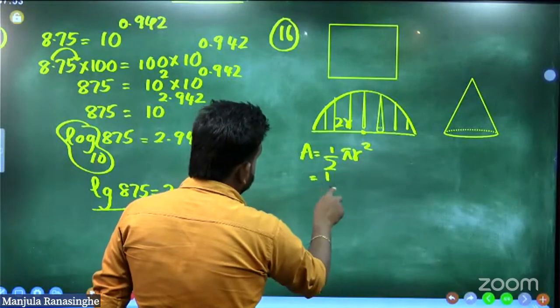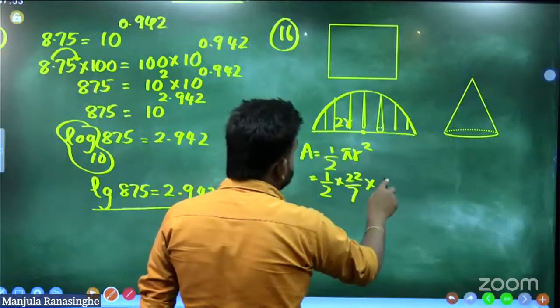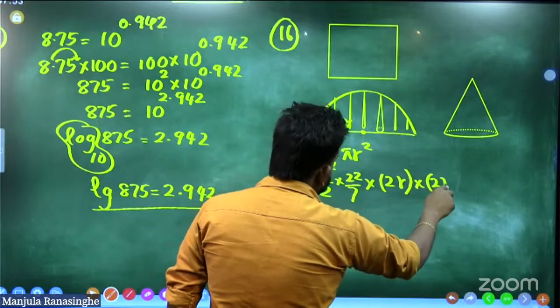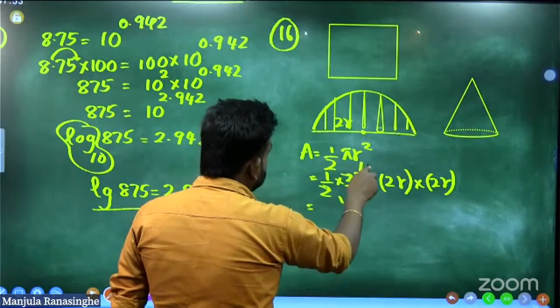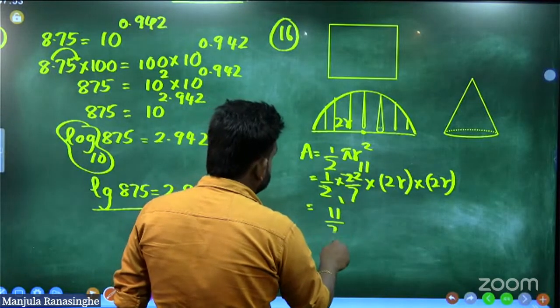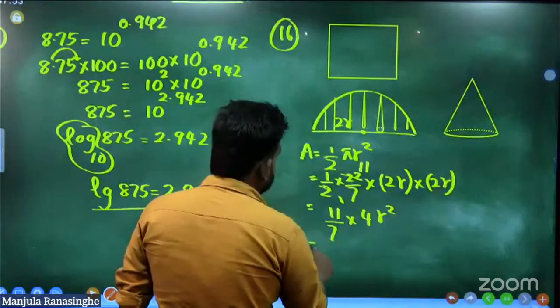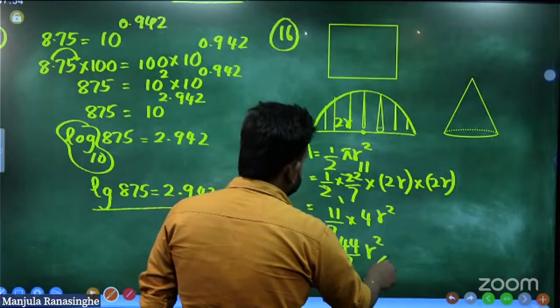We apply half into pi into r squared. Here r means 2r, so remember to bracket: 2r into 2r, r squared.